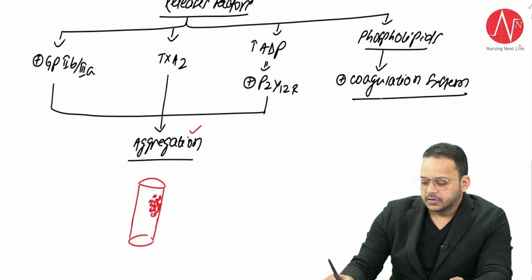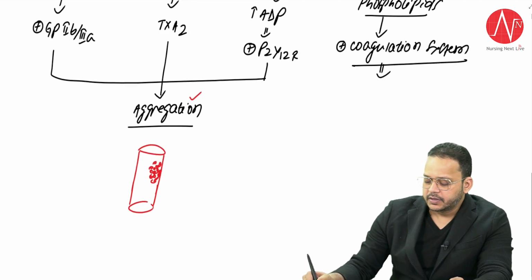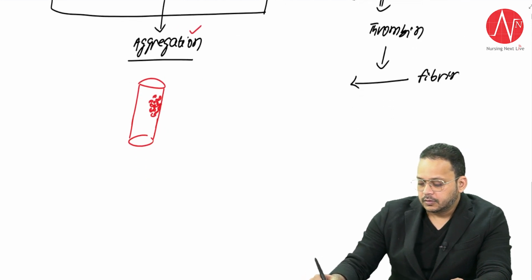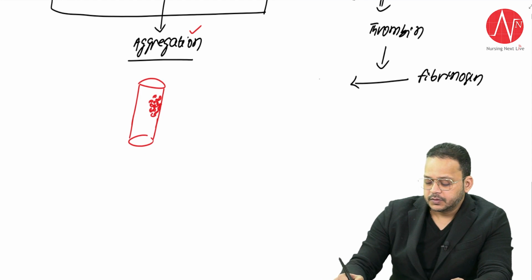Right, and activation of the coagulation system, what it does, all of you know, it forms thrombin, which converts fibrinogen into fibrin.